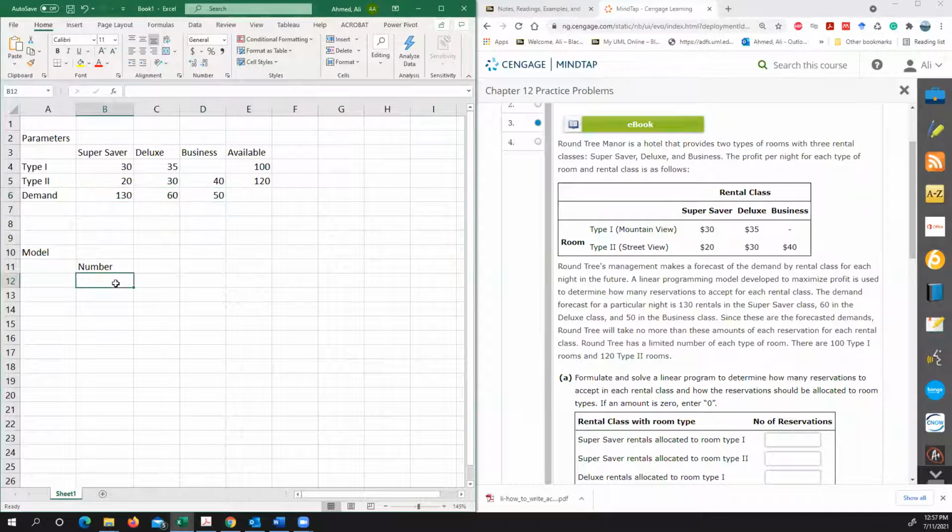Now we should make one more similar table, just for the changing values of each of them.